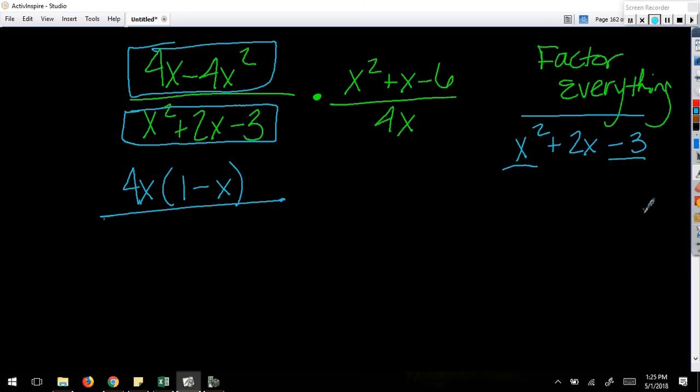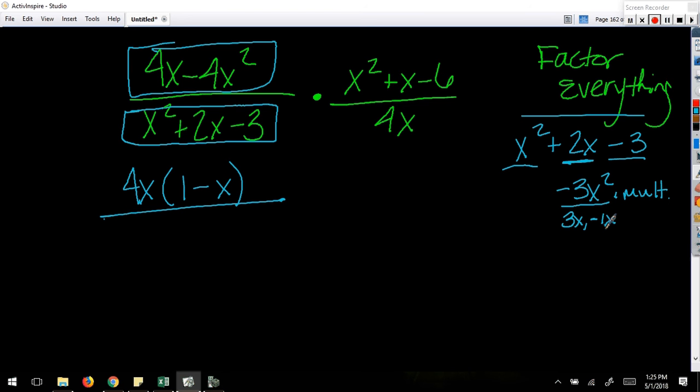We get negative 3x squared. So I'm looking for two things that multiply to negative 3x squared, but they have to add to positive 2x, what's in the middle. I hope you can figure out that those two things are 3x and negative 1x.